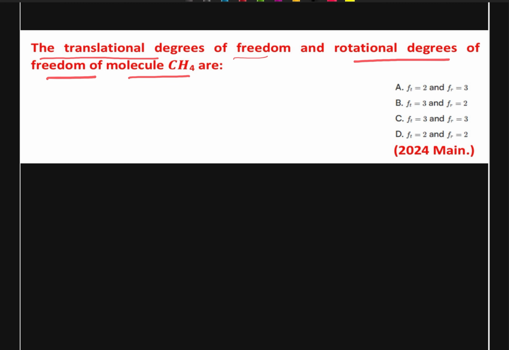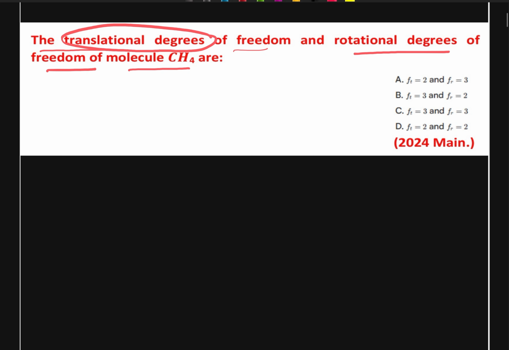And in this case, one thing is for very sure: every molecule, regardless of its structure, is going to have translational degrees of freedom, and that will always be equal to 3, based on the 3 axes: x-axis, y-axis and z-axis. So this translation will always be 3 for all the molecules. It has to be 3. Rotational can vary on the structure, but translational will always be 3.